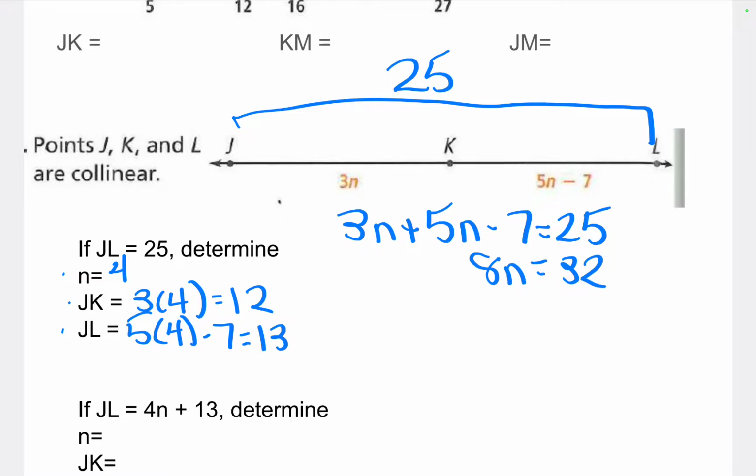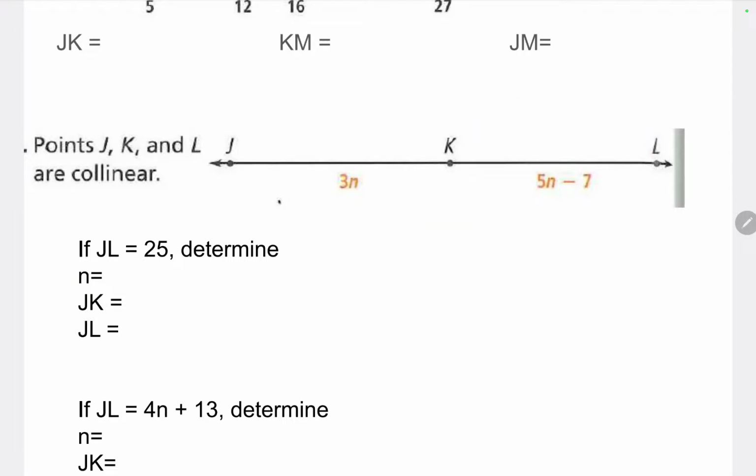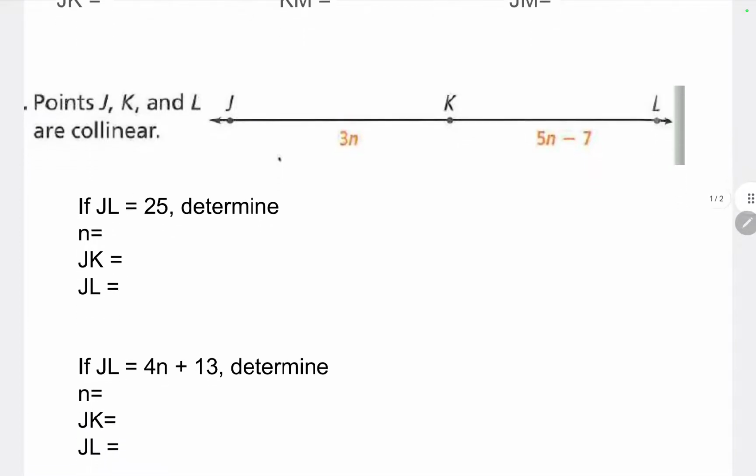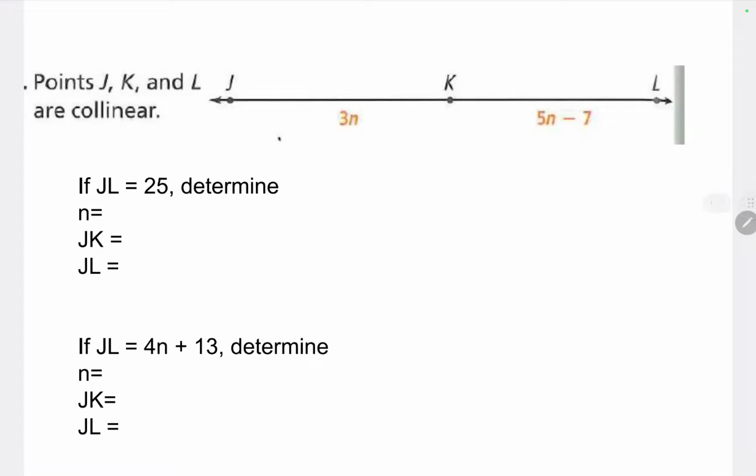Now, another type of problem, we see here 4N plus 13 in place of 25 for the length of JL. So if JL is equal to 4N plus 13, we can put 4N plus 13 here.